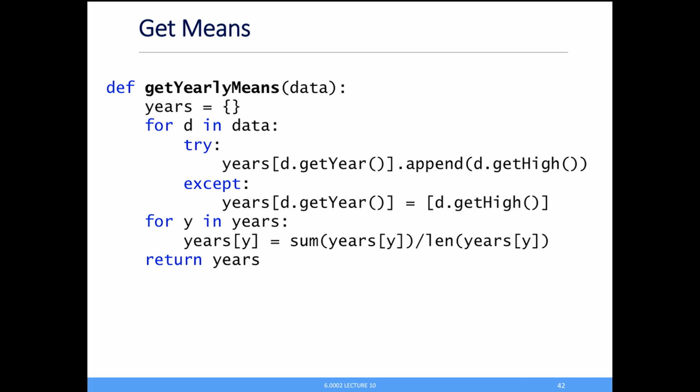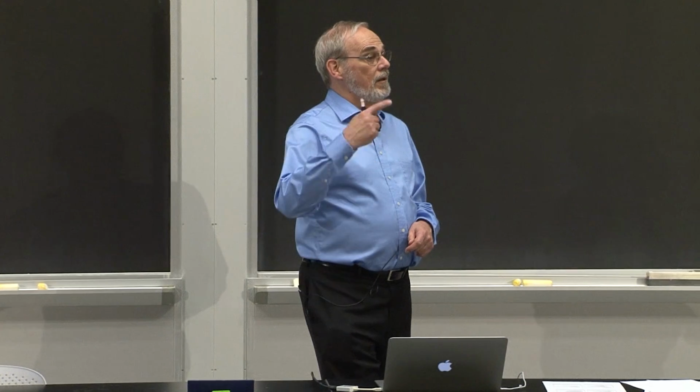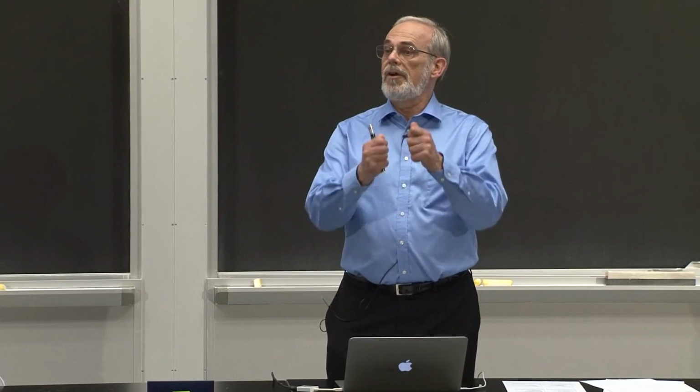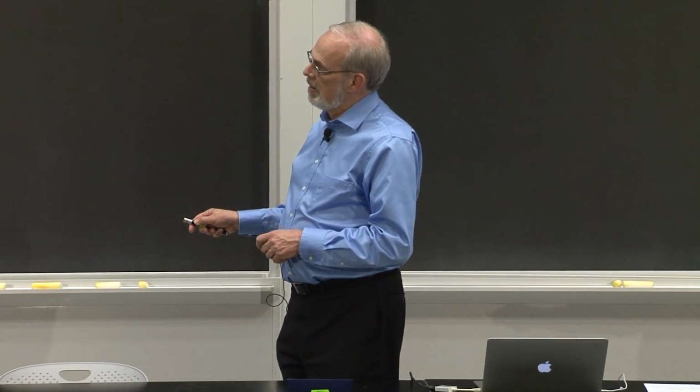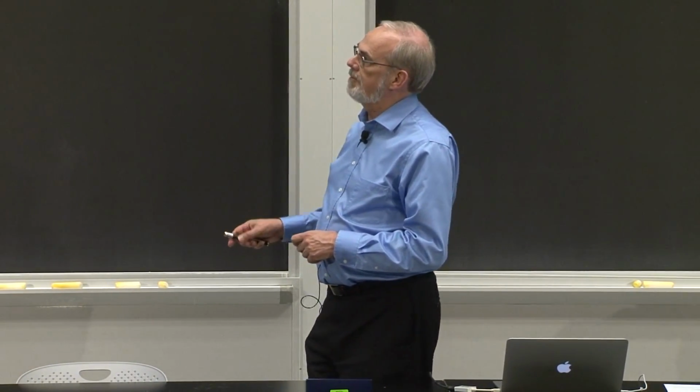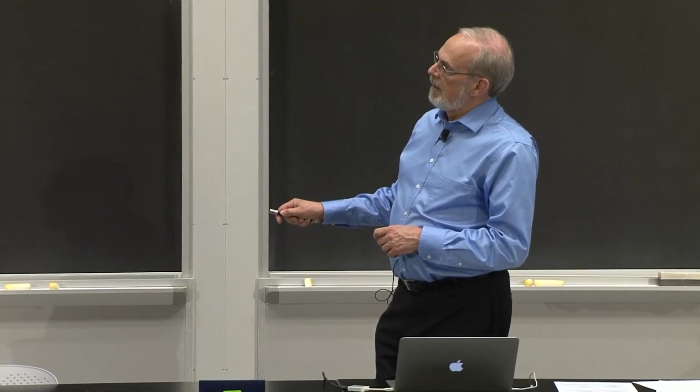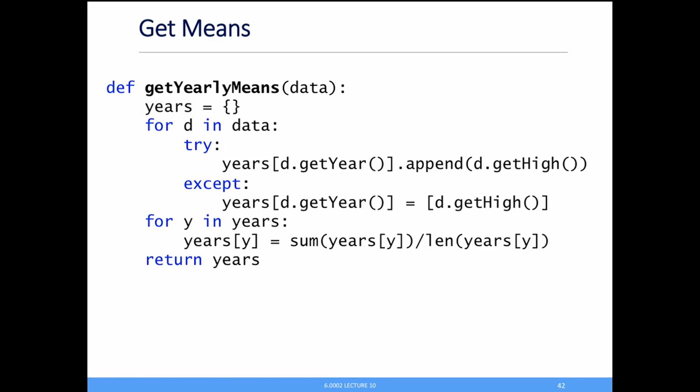I'll do that unless I haven't had anything yet for this year, in which case this will fail, and I'll simply store the first one in as a list. So after I've run through this loop, in the dictionary under the year, I have a list of the high temperatures for each day associated with it. Then I can just compute the average. That is, for each year in the years, I get out that value, I add them up, I get the length to divide them out, and I store that in as the average high temperature for the year.